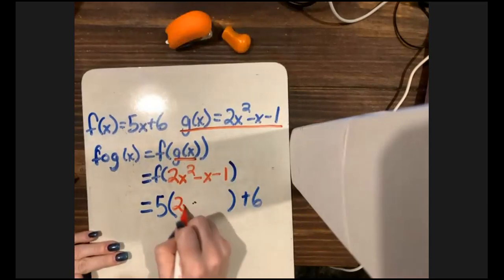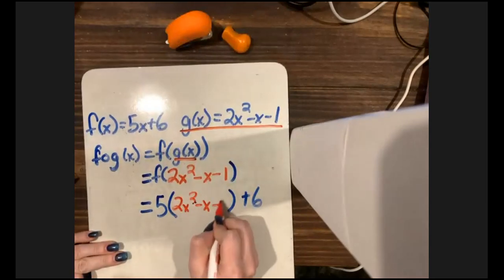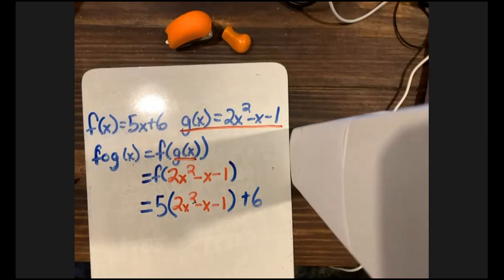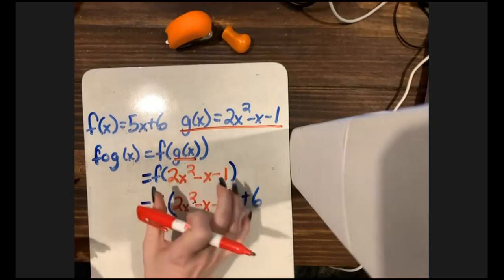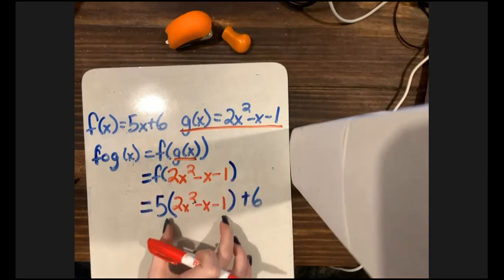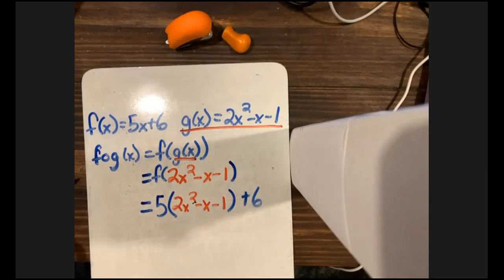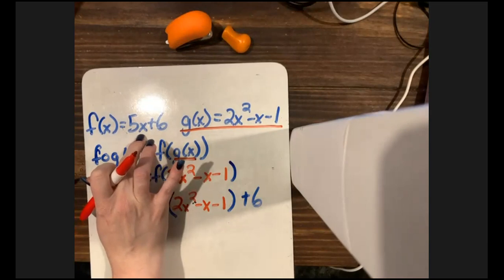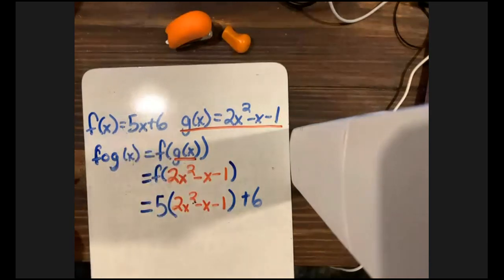Again, I do the visual block here. Some students are able to see exactly how this plugin works and how it pushes into the system. Others kind of get lost in the fact that I'm taking this whole chunk and placing it inside of another function. And again, all I did was wherever there was an X, I plugged it in. So now we're going to clean this up a bit.